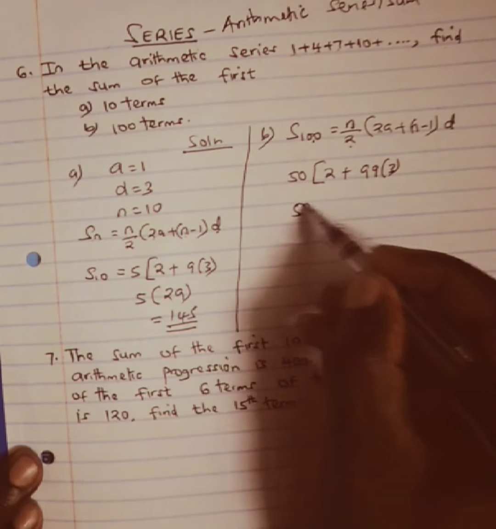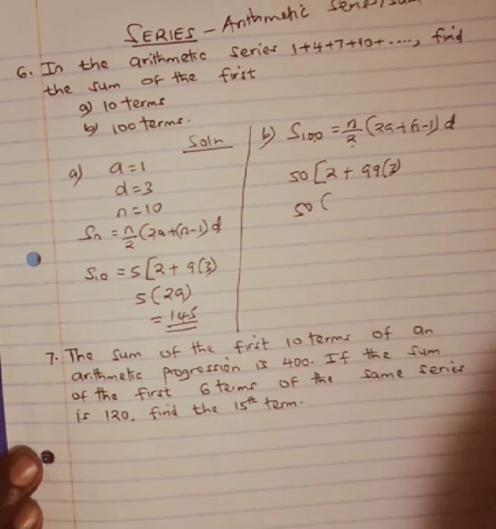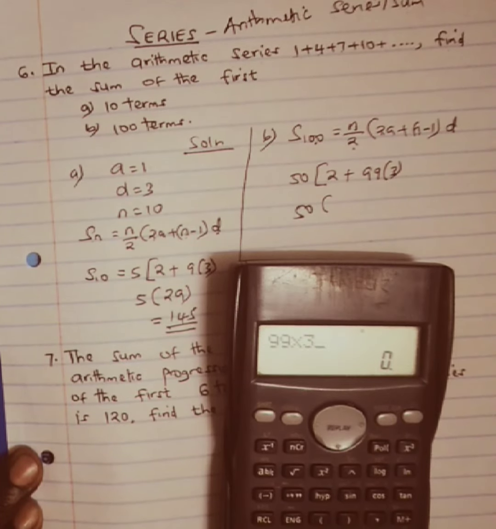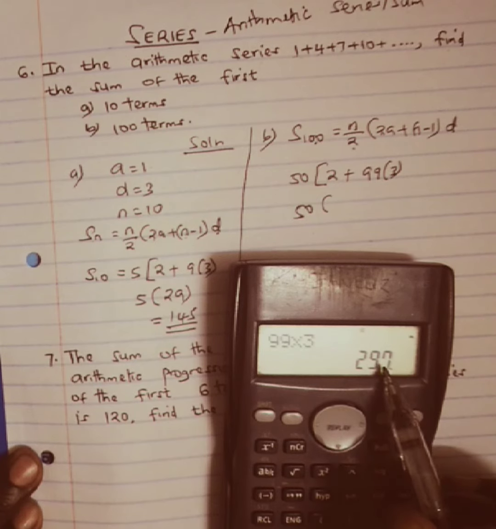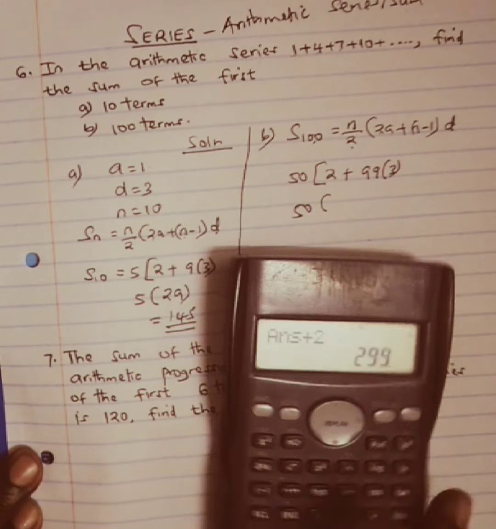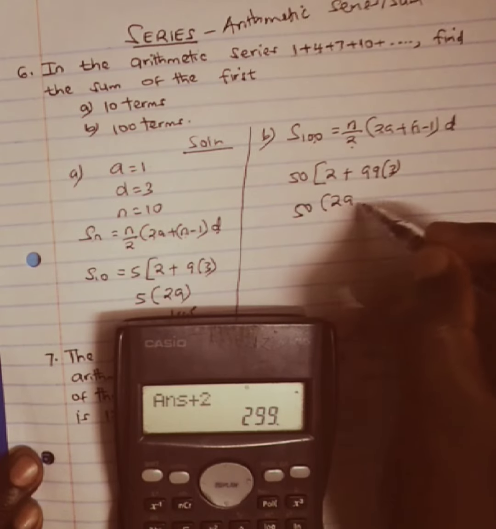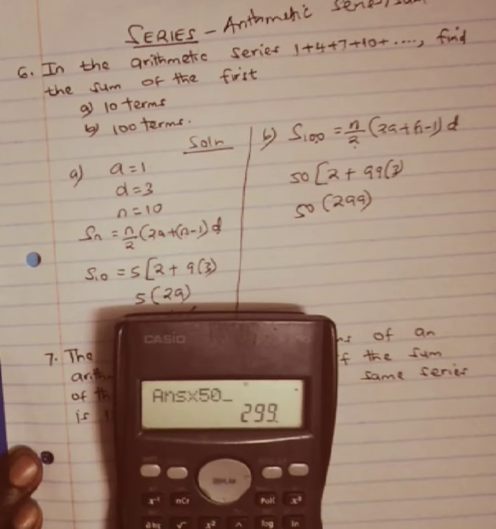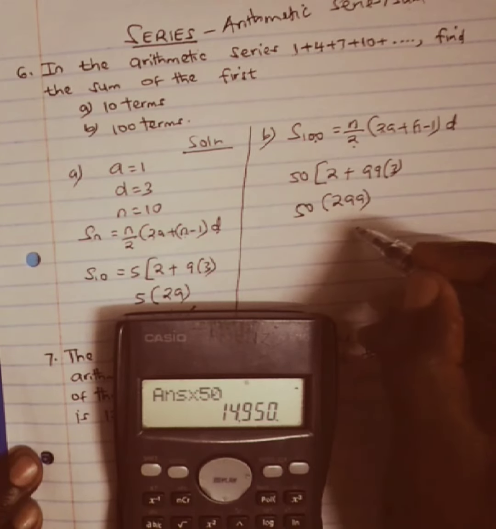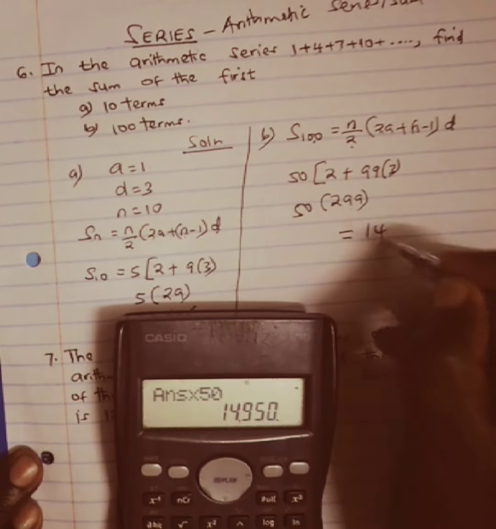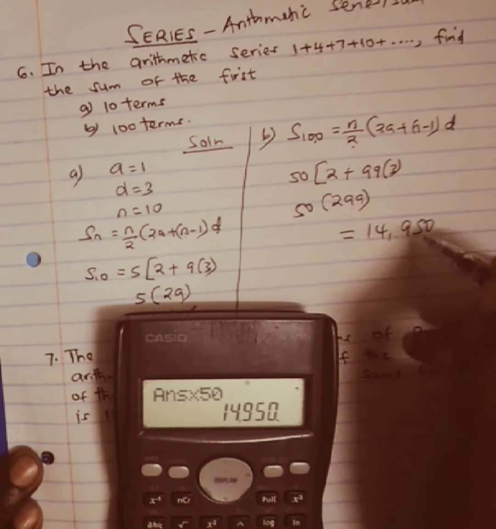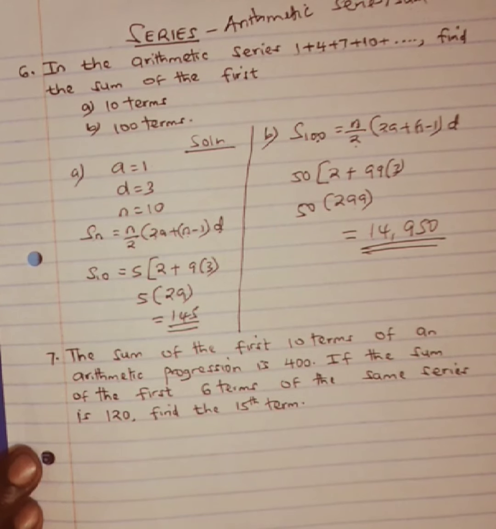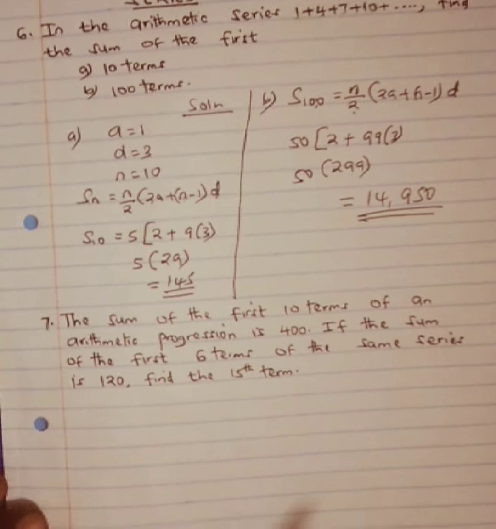So this one is going to be 50 into, we have 99 times 3, you get 297, you add 2, giving us 299. So if you take 299, you multiply by 50, this one is going to give us 14,950 as the sum of the first 100 terms of this particular series.